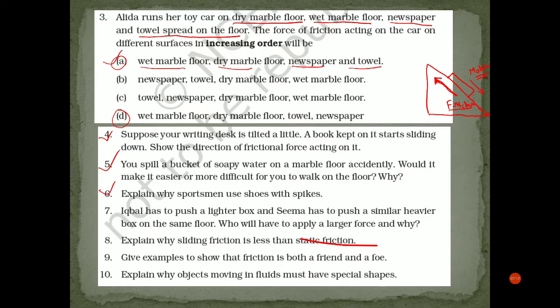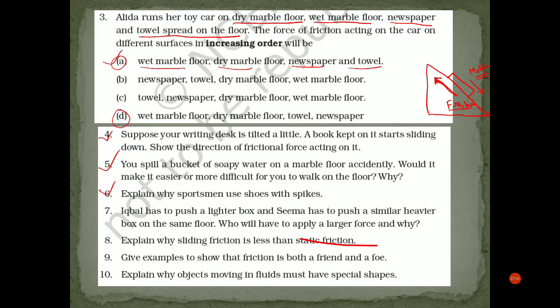That's it. Explain why an object moving in a fluid must have a special shape, that streamlined shape, as we know. The drag, or what we call fluid friction, acting on the object depends on the shape of the object.